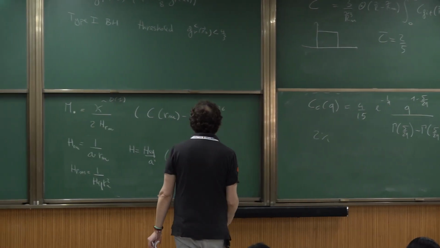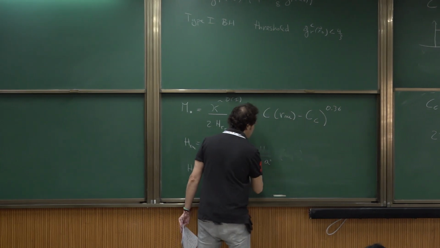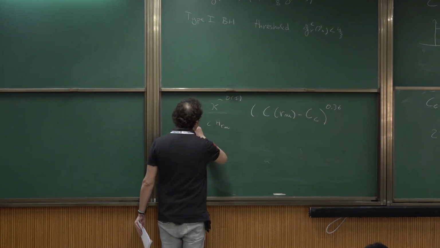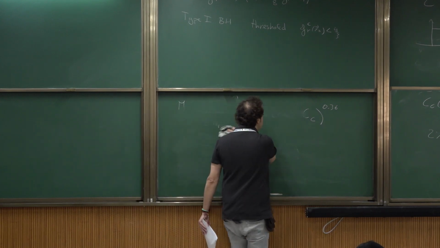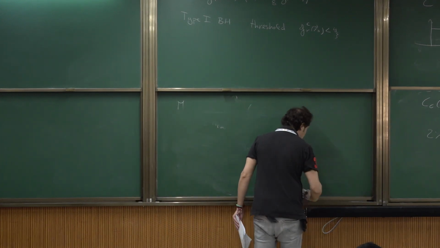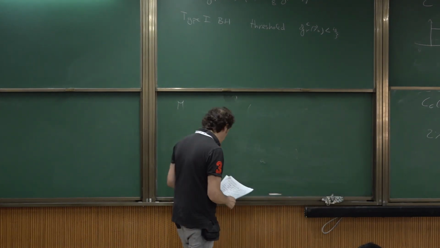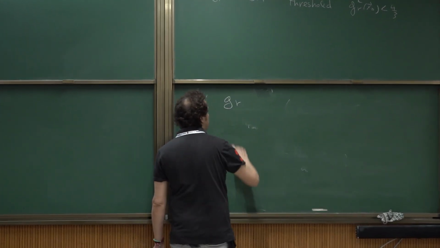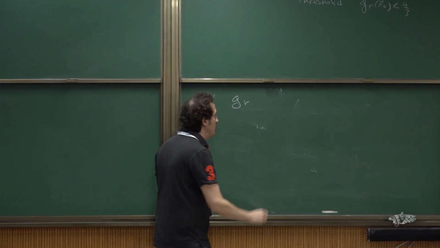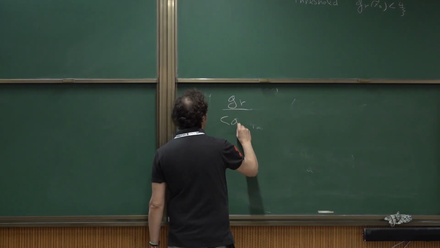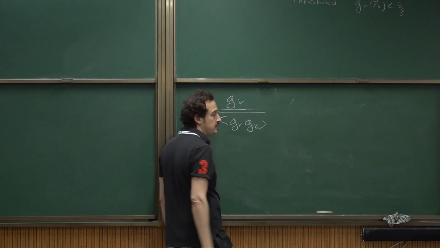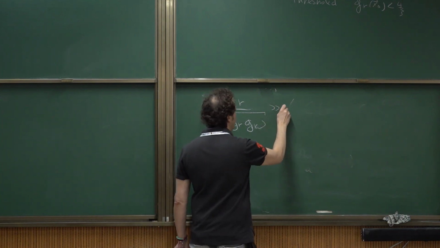Okay, so if I have a large fluctuation, this is very close to being spherical. So what does large fluctuation mean? It means that the value of this G_R, which defines the compaction function, over the square root of its 2-point correlation function, its variance, is much bigger than 1.